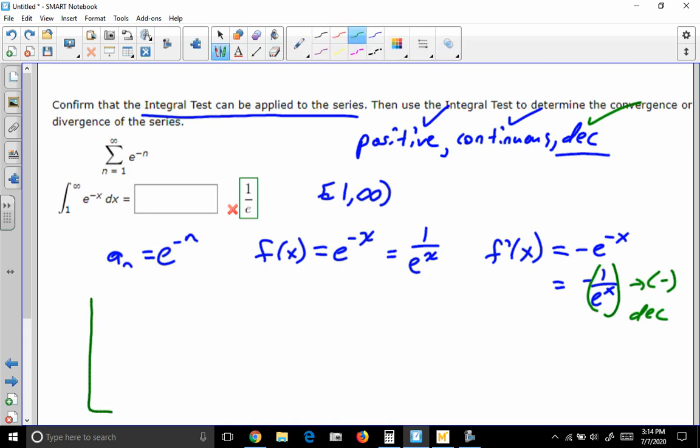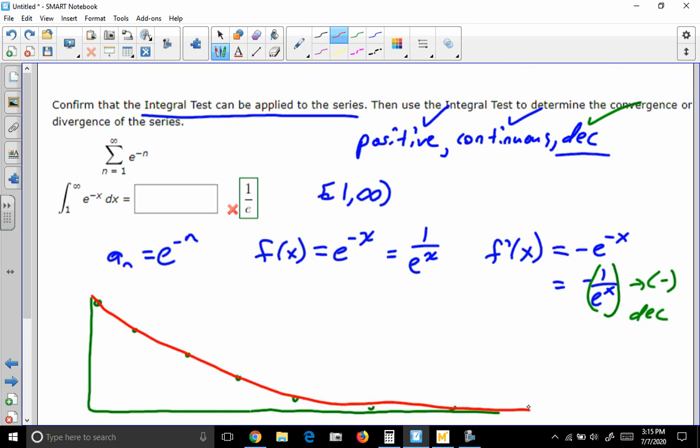Real quickly, if we look at our sequence, it's positive, and over time it's getting smaller, smaller, and smaller. If we compare that to our function, it is a continuous line. That red curve represents the function.